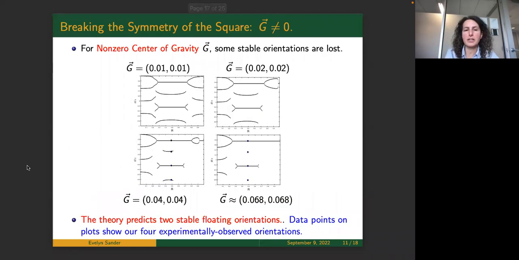Now in this case of the non-zero center of gravity, no longer at the center of the object, we were interested in coming up with, and we mathematically had, equations for the stable floating configurations. You can see that things have gotten a lot more interesting.